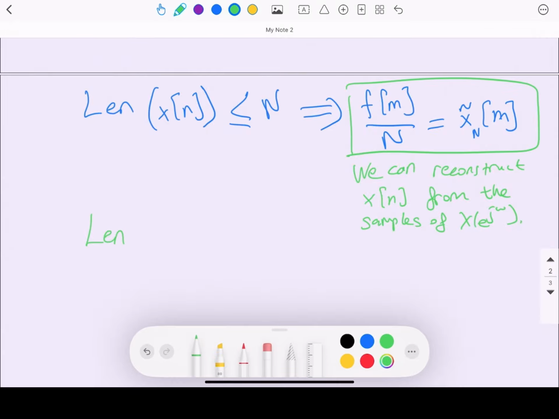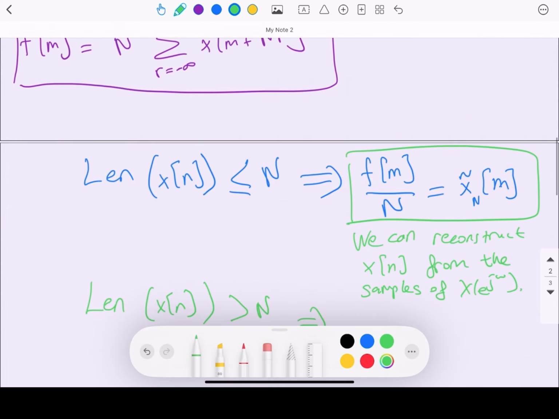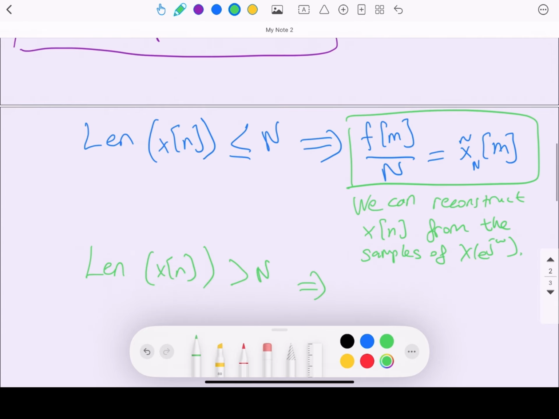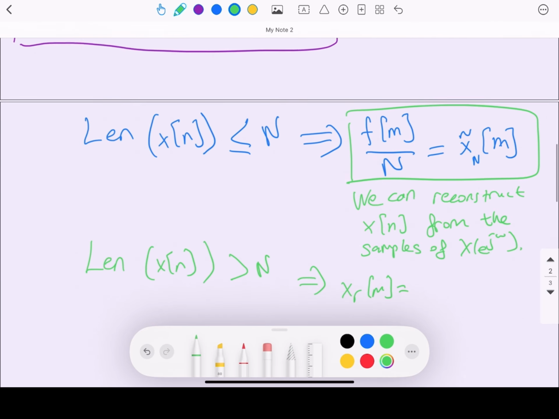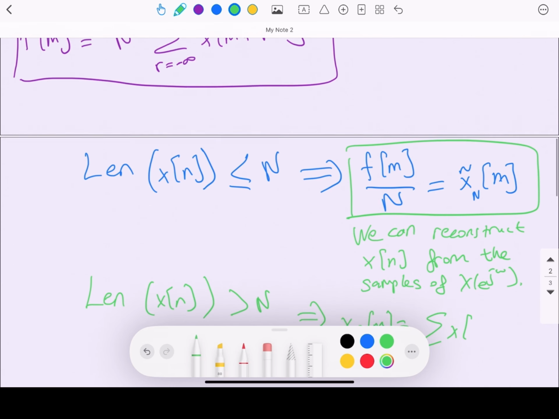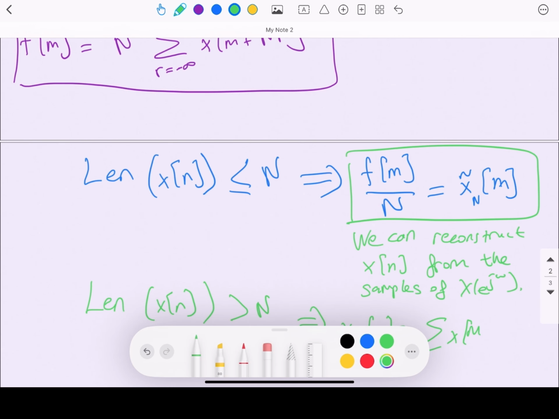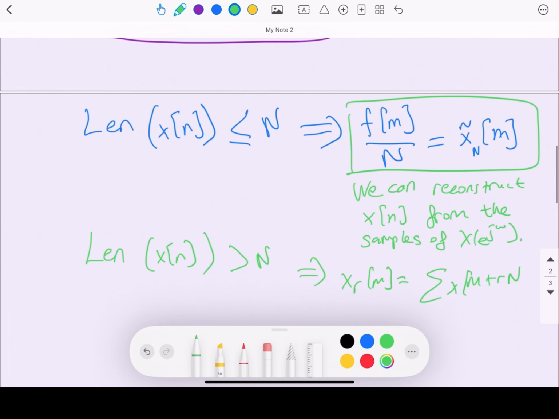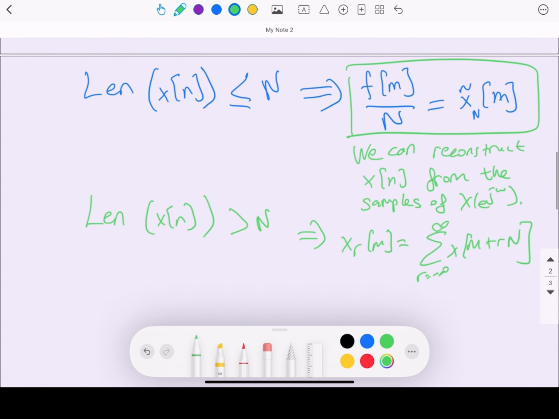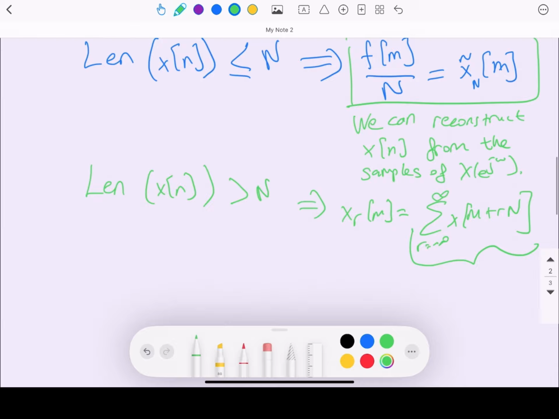However, if the length of x of n is greater than N, then we will have this formula over here: the reconstructed signal will be a summation of shifted copies, as you can see. And these shifted copies will overlap. So we will have aliasing.